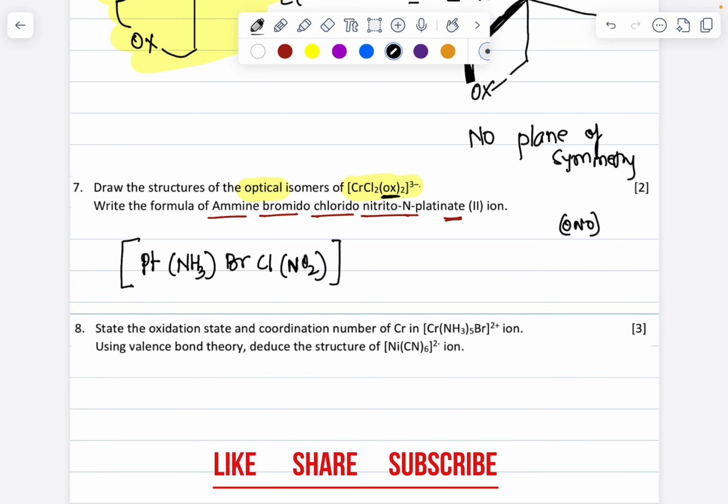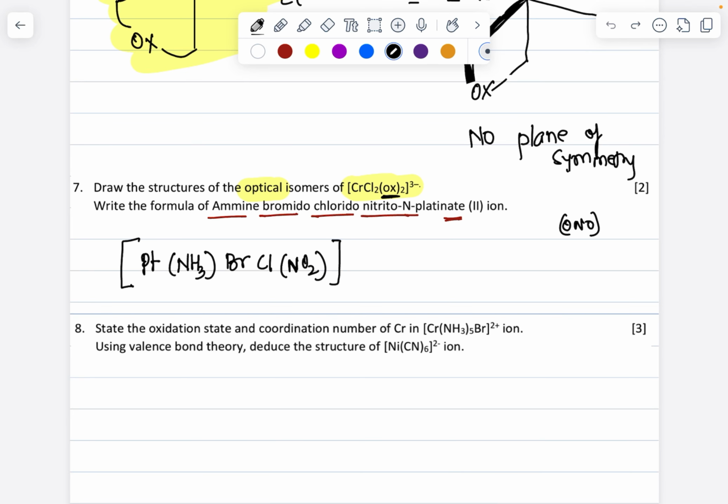So we have to write the oxidation state. We need to find this X, and we have to write it over here. So platinate means negative coordination sphere. So I'll write platinum. They have written that platinate. Instead of putting X, I am finding this X. I will form the equation. I know that this platinum is 2. So I'll write this 2. Ammonia is 0. Bromine is -1. Plus chlorine is also -1.